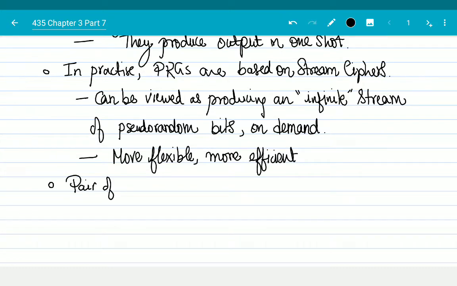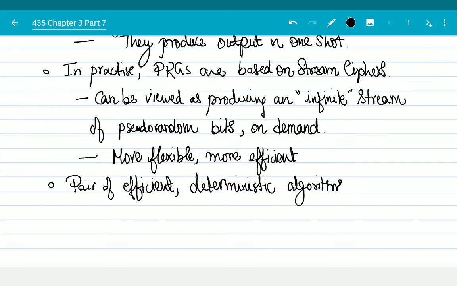Pair of efficient deterministic algorithms, which are generally referred to as init and get bits. Initialization, init, and get bits.